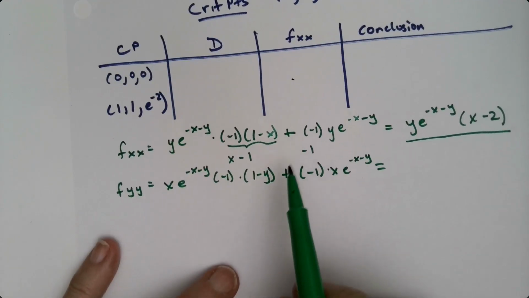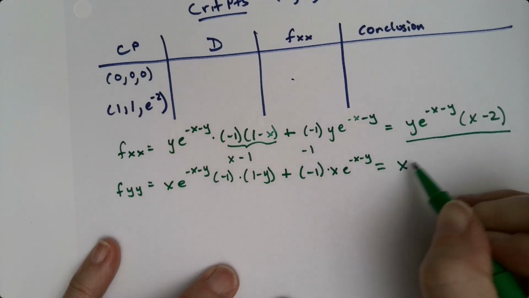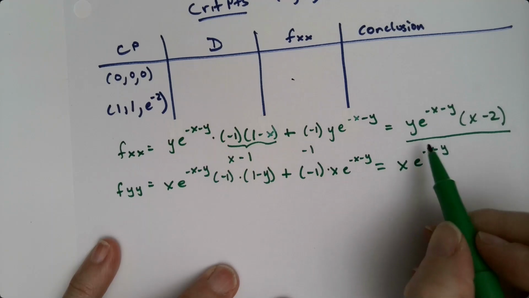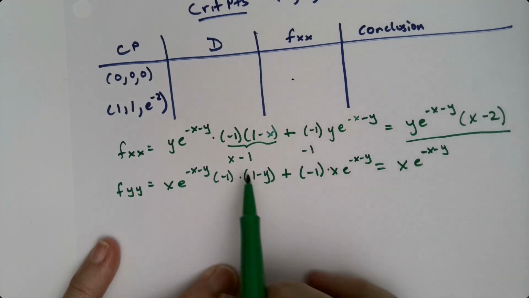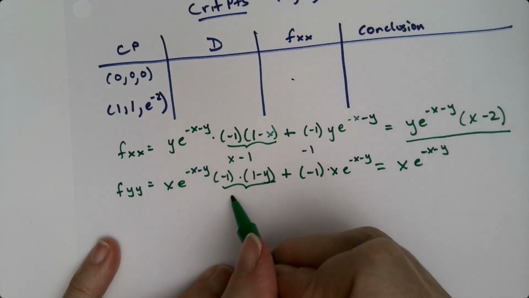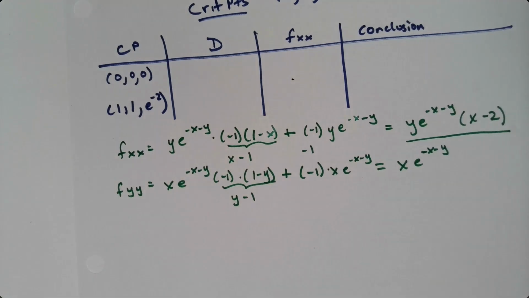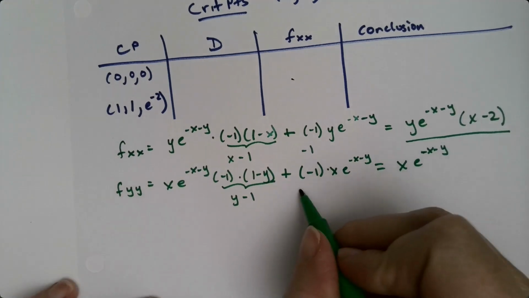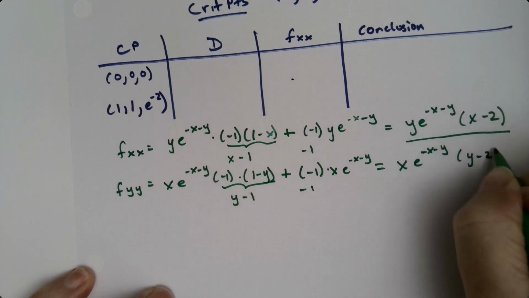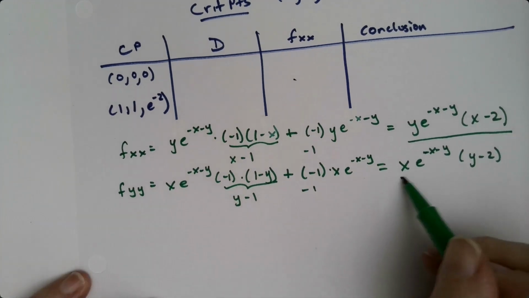And just like the last one, they have some things in common. They both have an x e to the negative x minus y. So I'm going to take that out. That leaves me a y take away 1, and then take away another 1. So it'll be y minus 2. All right, so there's fyy.